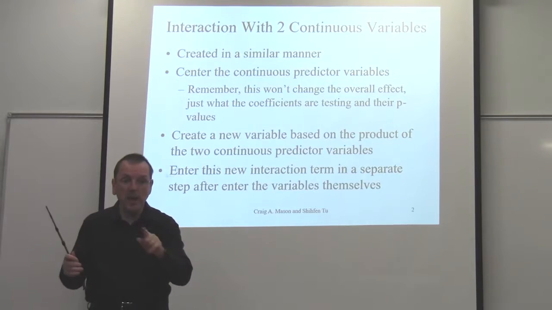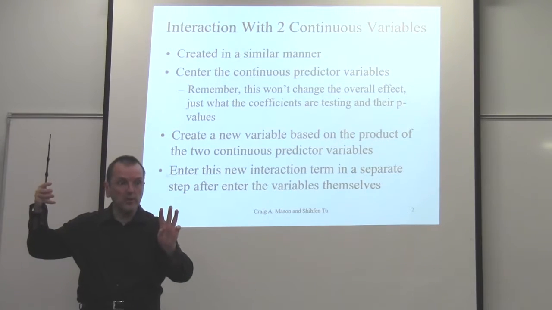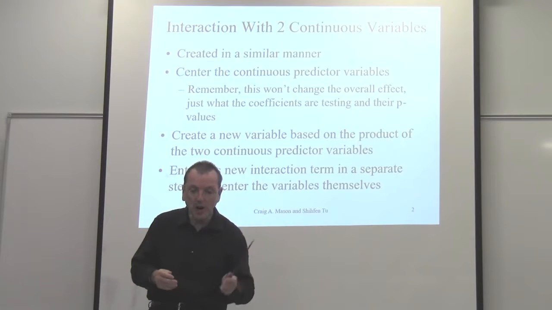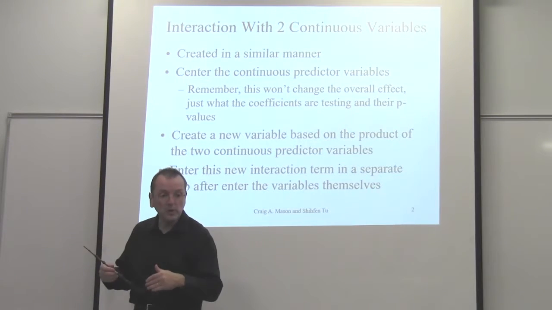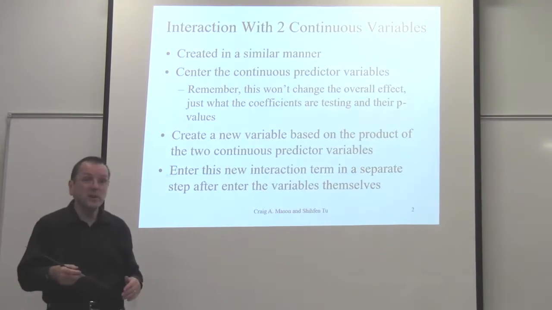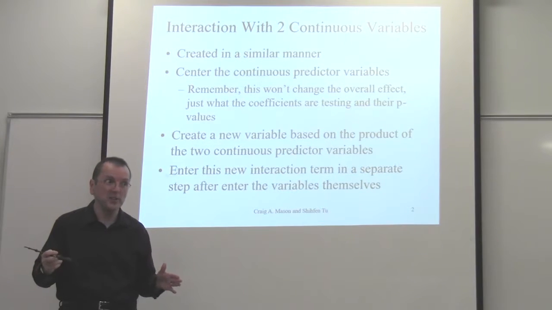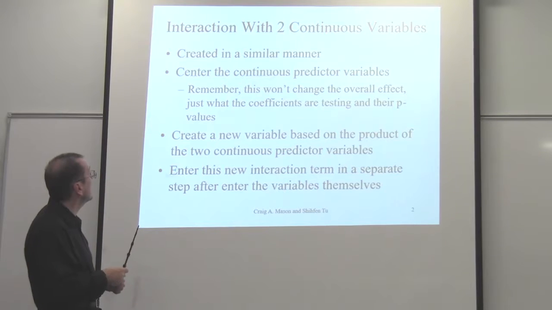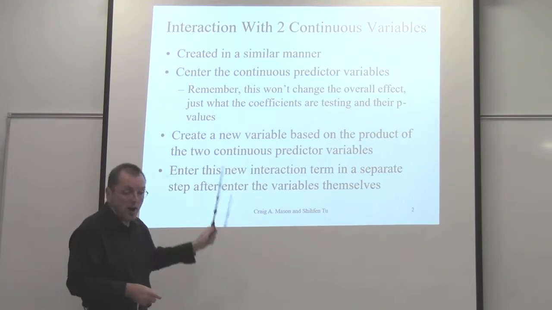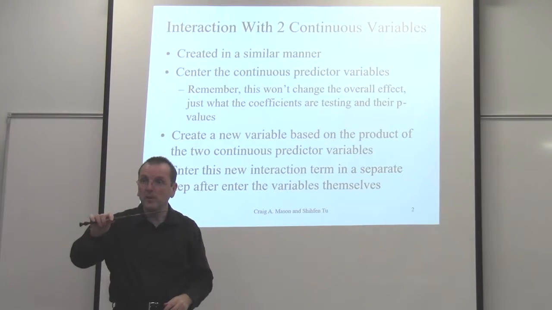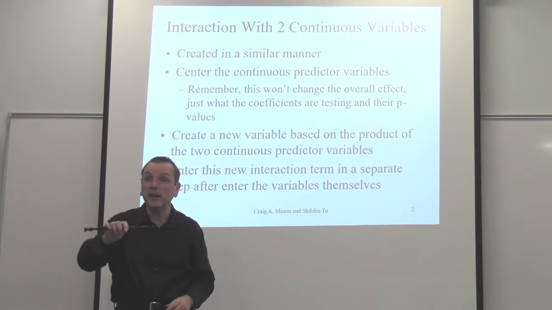But so far we've talked about two categorical variables, or one categorical variable and a continuous variable. You can also do interactions with two continuous variables, and it really operates exactly the same way. Nothing's really changed. That's why I think this is pretty straightforward. The standard approach is that you may want to center your continuous variable, particularly if zero has no inherent meaning.